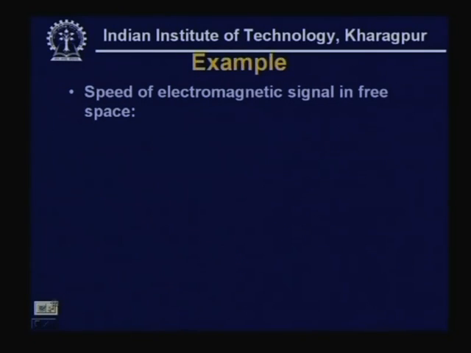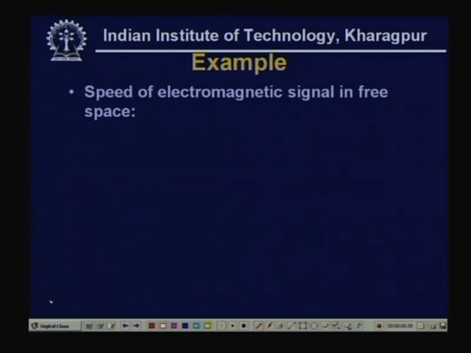Let me explain with the help of an example about the speed and frequency. For example, the speed of an electromagnetic signal in free space is 3 into 10 to the power 8 meter per second.